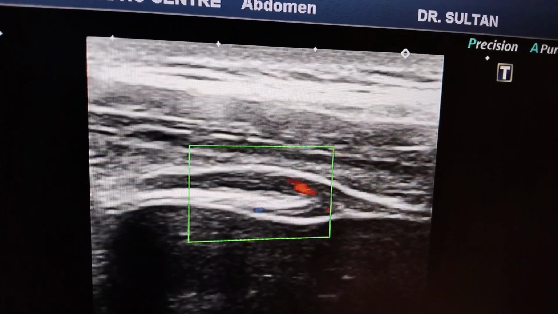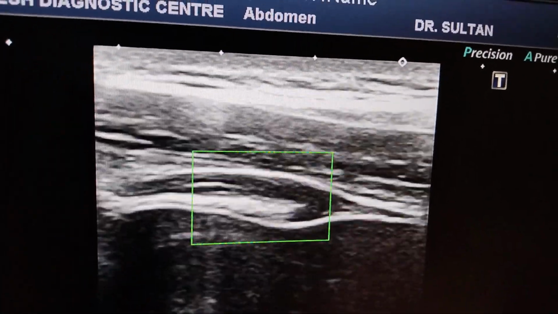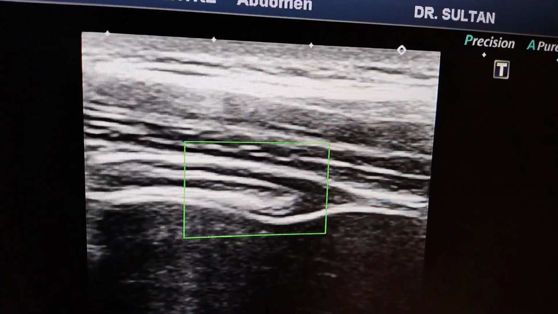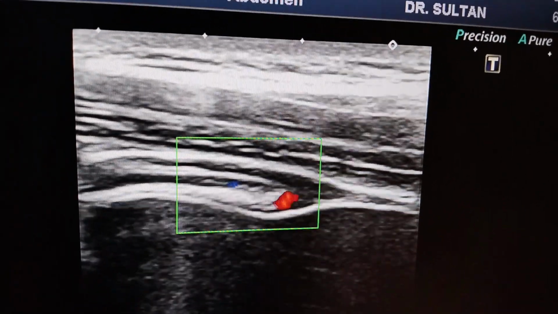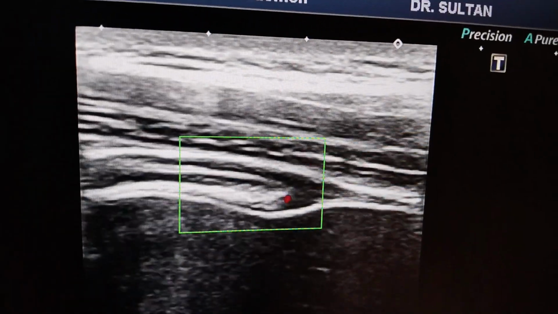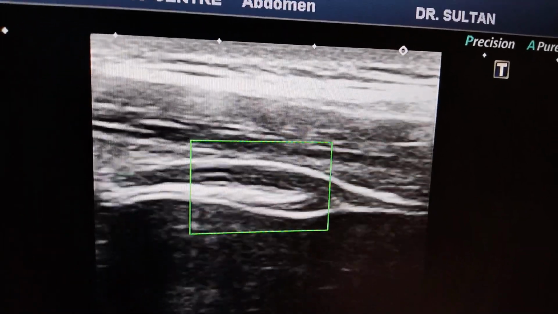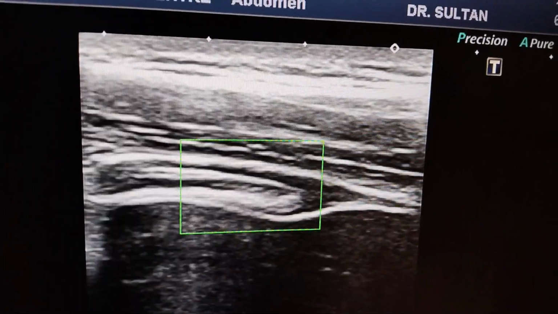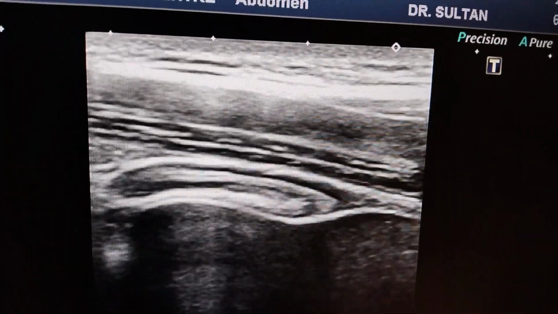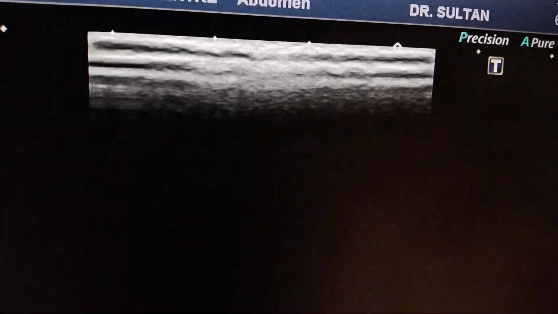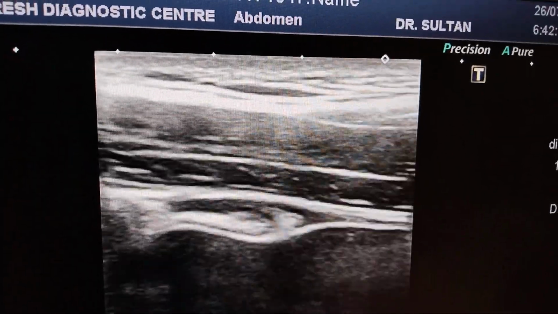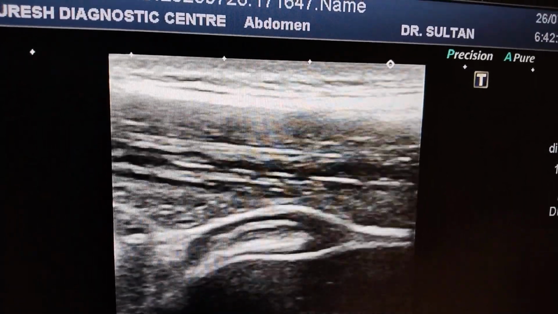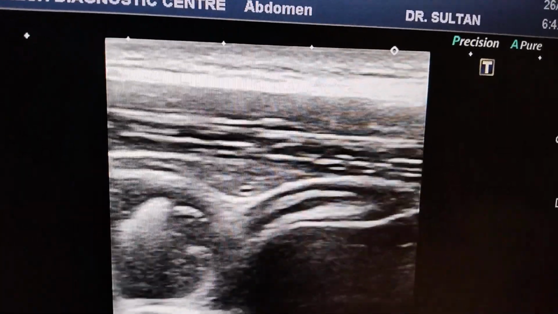Here, blood flow is present. I have set the Doppler with a very low PRF of 4.4 and the color gain at 35. So we have seen that blood flow is present in the wall of this tract. I am now following this tract from the urinary bladder toward the umbilicus. Look here.